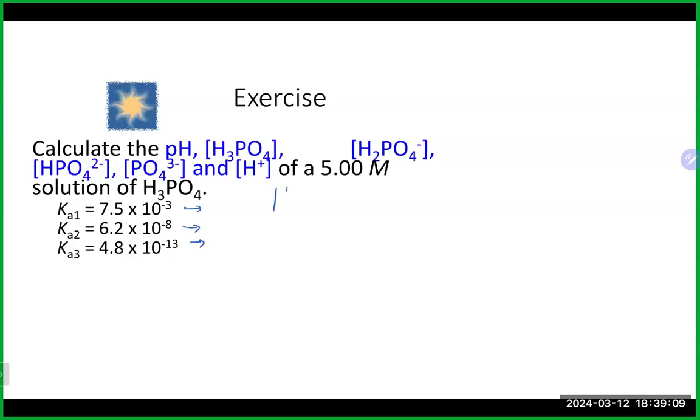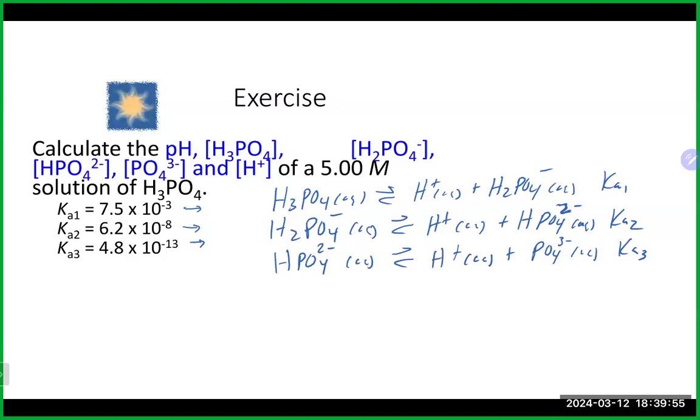In this case, we're looking for the concentration of this guy at equilibrium. We're also looking for this guy's concentration, that guy's concentration, this one's concentration, and the H plus concentration. So we're kind of looking for everybody, basically. So we're going to start with a 5 molar solution of phosphoric acid, and we're going to start with really the first dissociation, right? It's going to lose that first hydrogen. So let us go through this here together and see.